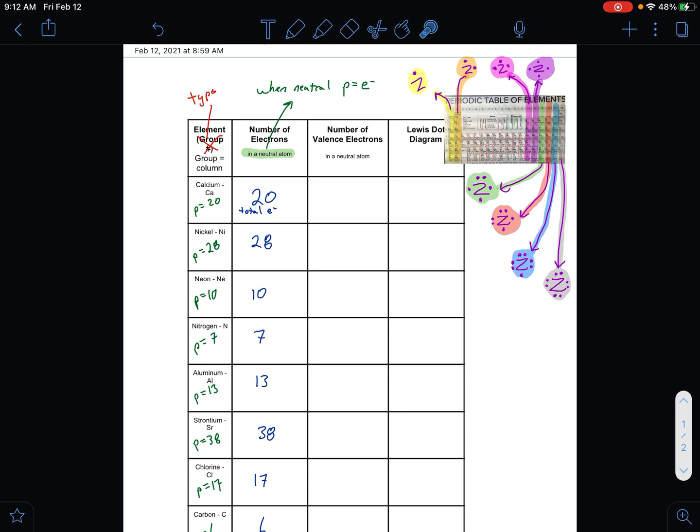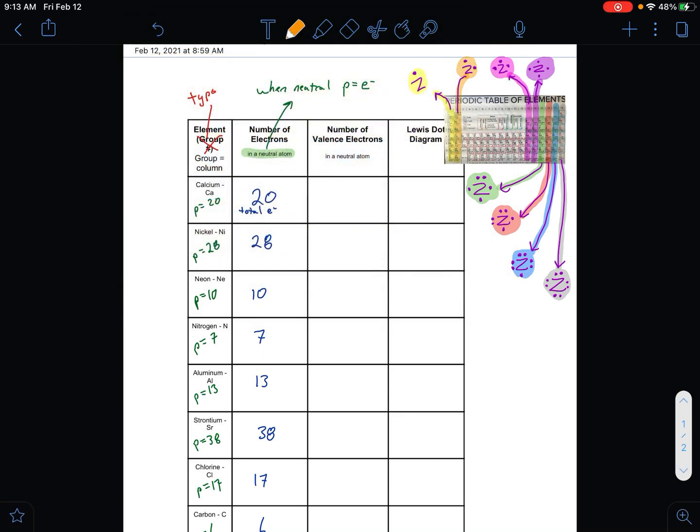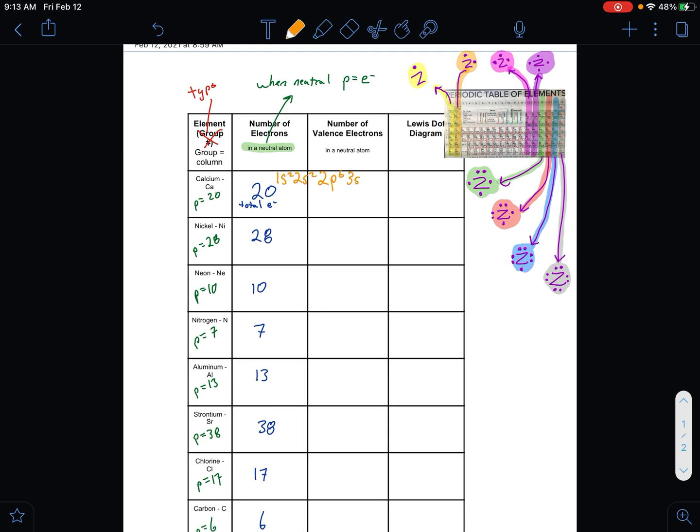The explanation, if you go back to, say, calcium, had an electron configuration of 1s2, 2s2, 2p6, 3s2, 3p6, and 4s2.